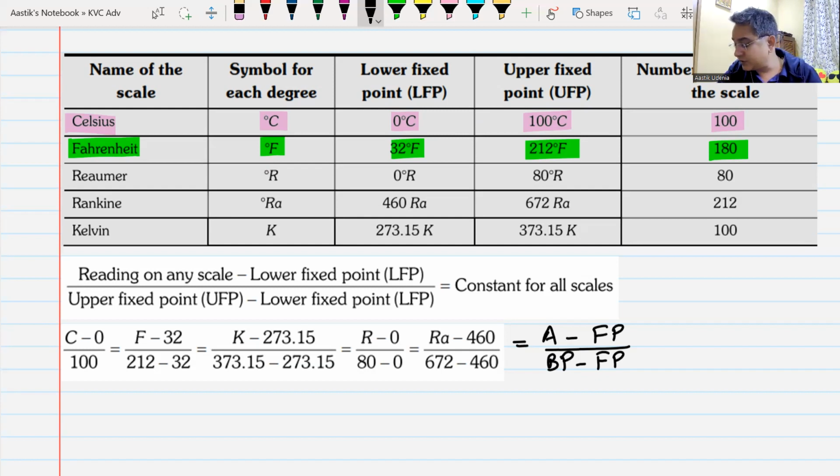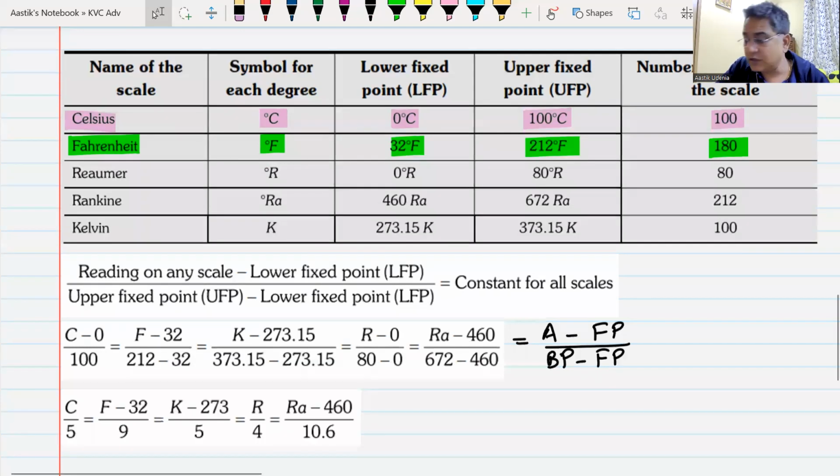Remember this because there could be a question where you might be asked to find out the relation between these temperature scales. So for that, it is important, and I'll give you time to note it down. I'll give you 1 minute to note down all these relations. Let me know once you are done.